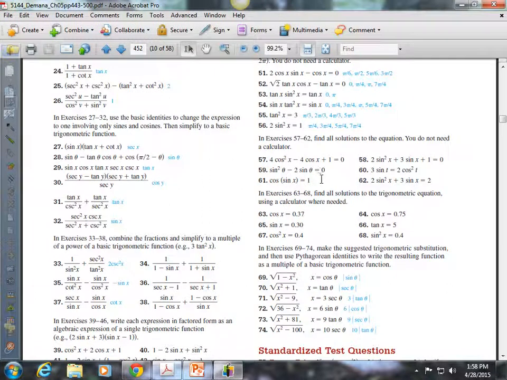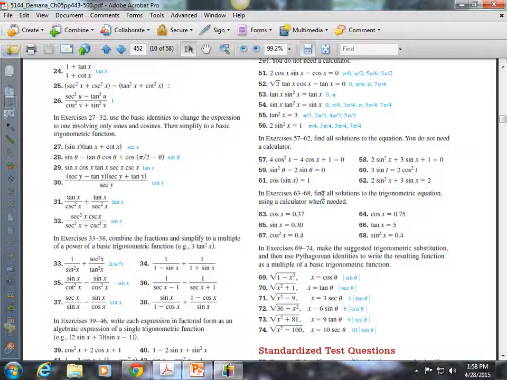Find all solutions. Now, folks, when they mean all solutions, there can be infinitely many solutions to a trig equation, especially with sine, cosine, and tangent. They repeat after a certain amount of time, so there are infinitely many times when sine or cosine is equal to 1.